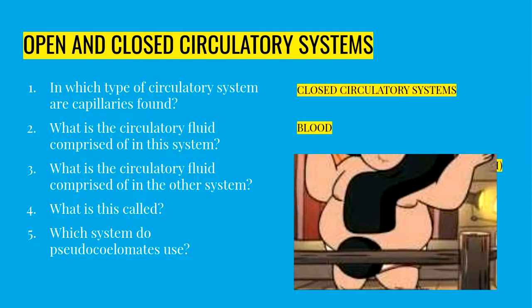Water? So remember that, let's look at a closed circulatory system. You have a blood vessel here, and then you have the cells on the outside. I'm gonna try to draw the cells really quick. And then you have this fluid outside of these cells, which is also outside of the blood vessels. And what was that fluid called?